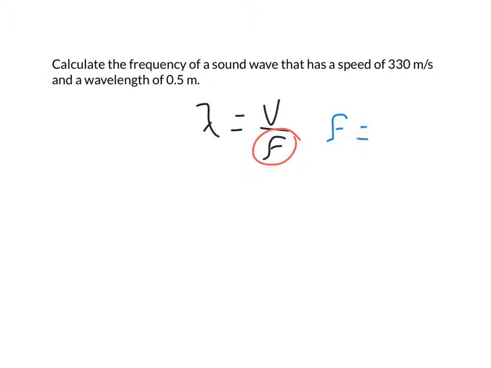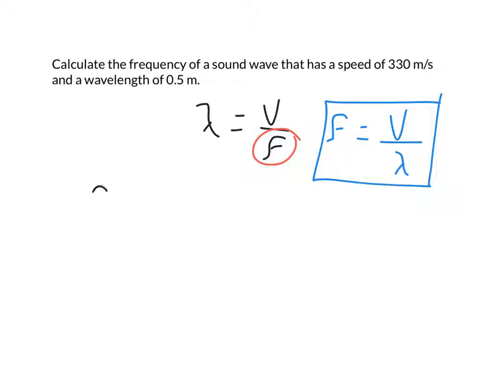So to isolate the frequency, we only have to divide the speed by the wavelength, and that's the formula we will use. So the frequency will be equal to the speed, that is 330 meters per second, divided by the wavelength, that is 0.5 meters.